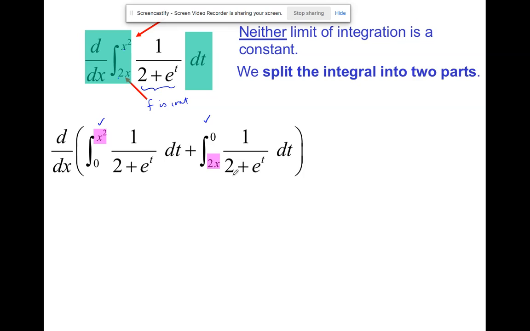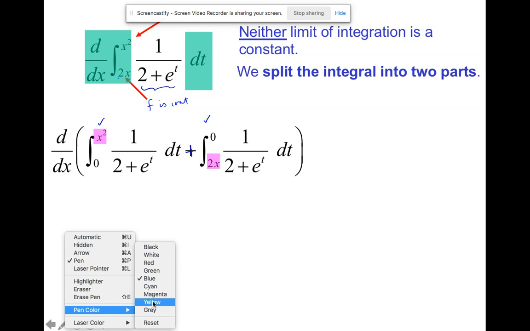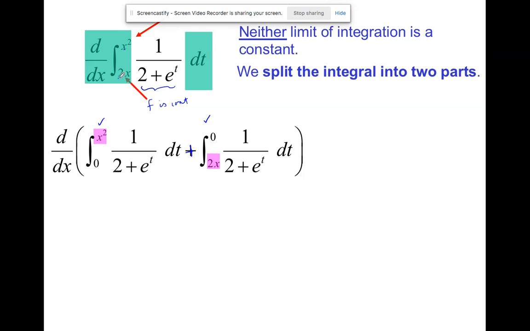Now, I don't want to throw you by the fact that I wrote it in a different order, but that is just a sum, so I can write it in any order. Let me go back and do the precursor step. I want to split this up at 0. Well, actually, that's the same way, silly.